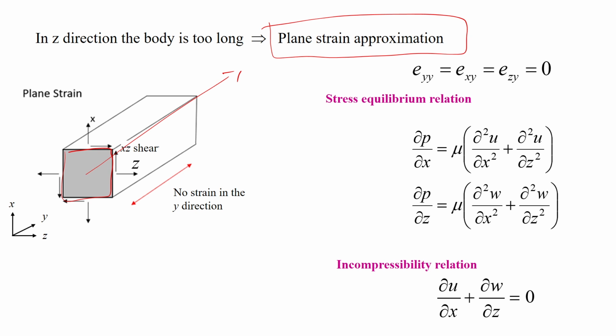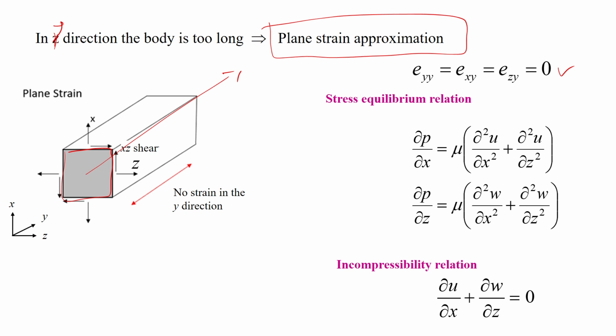So, the body is actually too long, and therefore, in the, not z, no, this is wrong here, this is not z, it is the y direction. So, there is no strain that develops in this body in the y direction. Therefore, this E y y, E x y, E z y, these are all equal to 0.